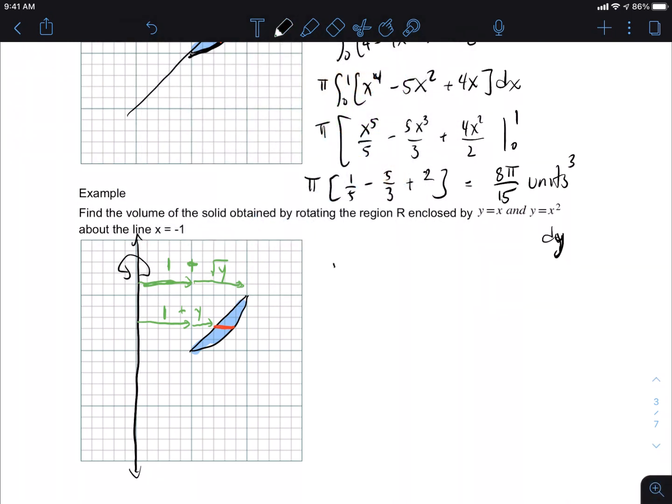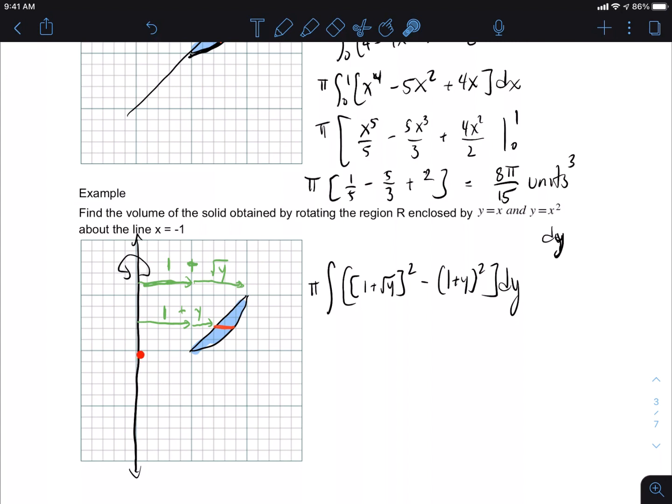Okay? So my integral, I'm going to have pi outside, (1 plus root of y) squared minus (1 plus y) squared dy. What are the bounds? -1 to 1. How did you get that? You have like the -1.